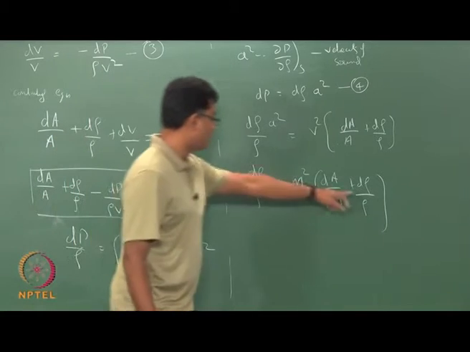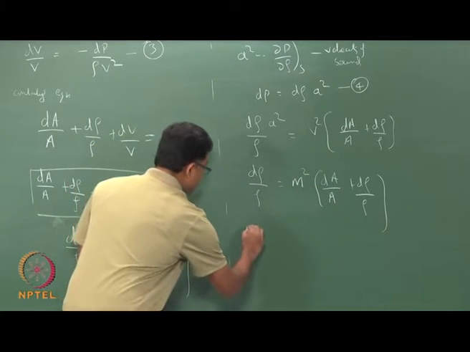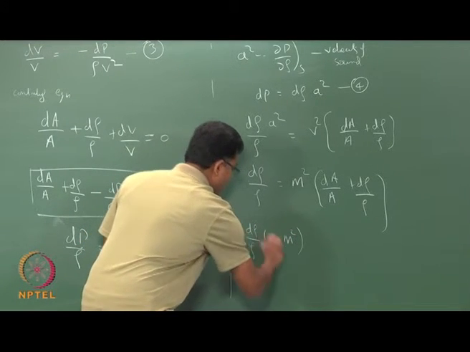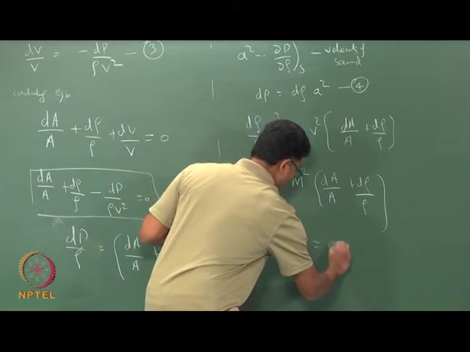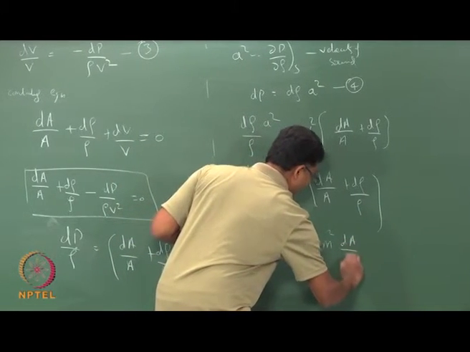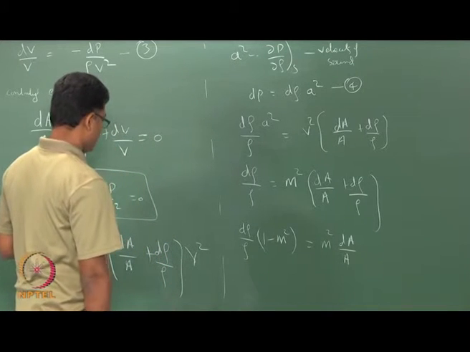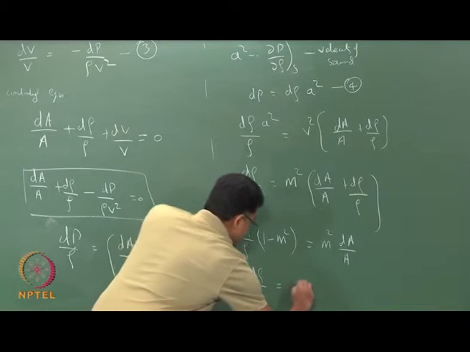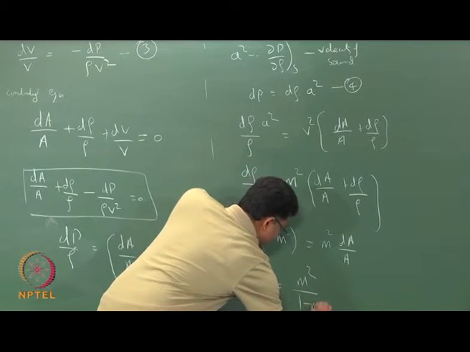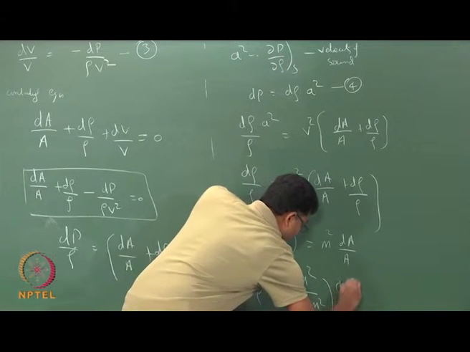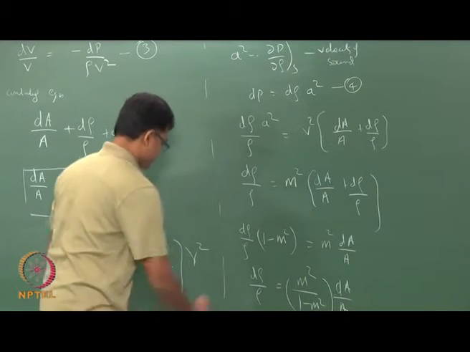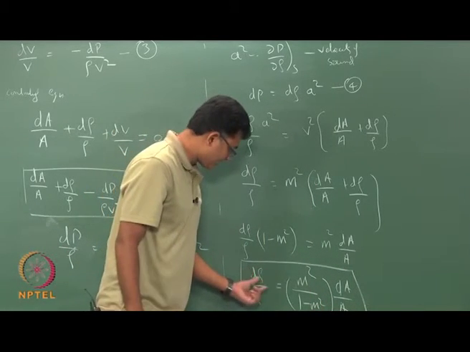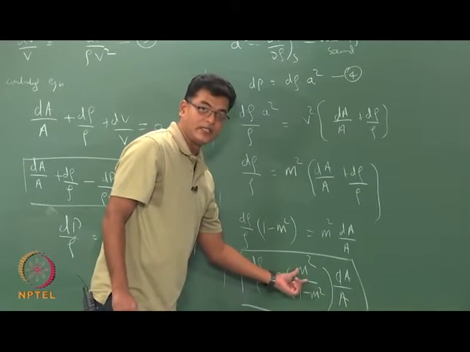Now, I take d rho on this side. So, that would be d rho by rho into 1 minus M square equals M square dA by A. I would end up with the relation d rho by rho equals M square by 1 minus M square into dA by A. So, the changes in density are related to changes in area in terms of Mach number.